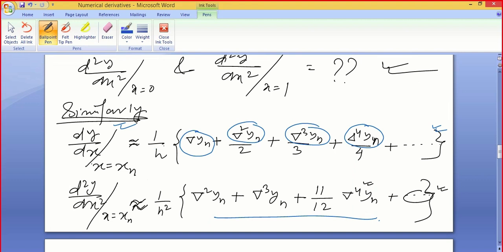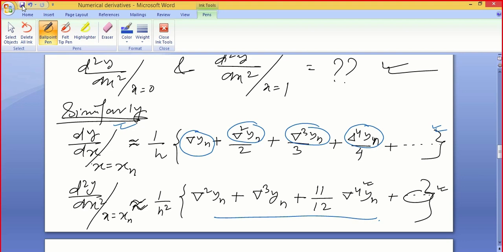Is it clear? Yes, sir. So you just pick up some data sets from the book or exercise. In every book you will get them. From those data sets, find out the first derivative and second derivative at the first point, second point, last point, and second last point.